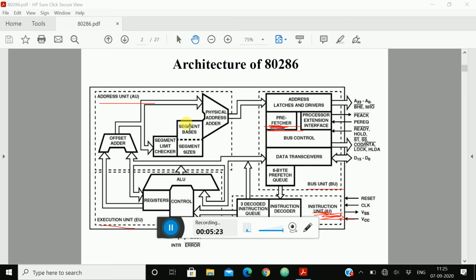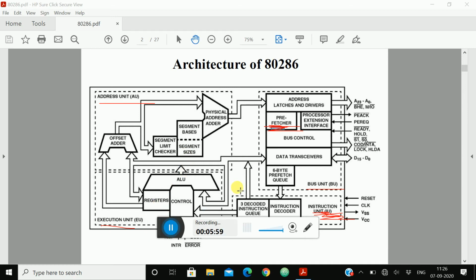In this mode, as it is computing 20-bit addresses, the pins A20 to A23 will be 0 and only A0 to A19 are used, so the maximum physical address it can access is 1 MB.